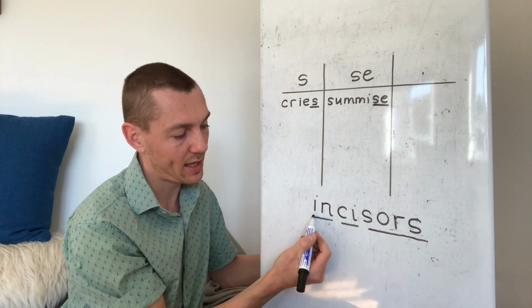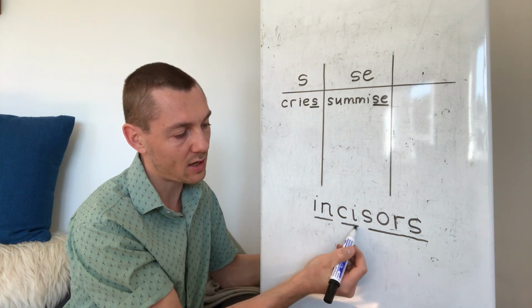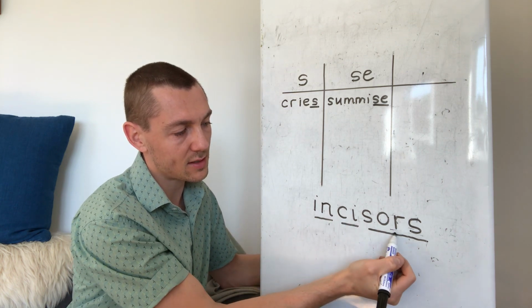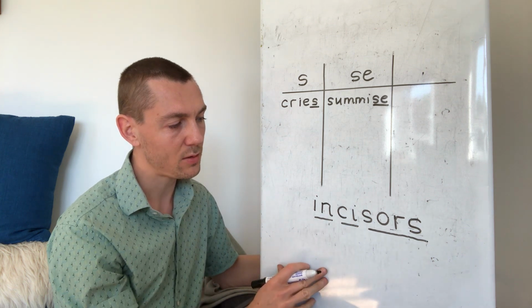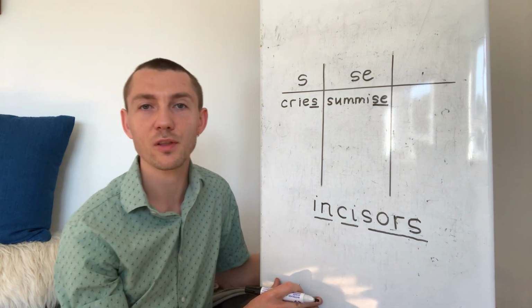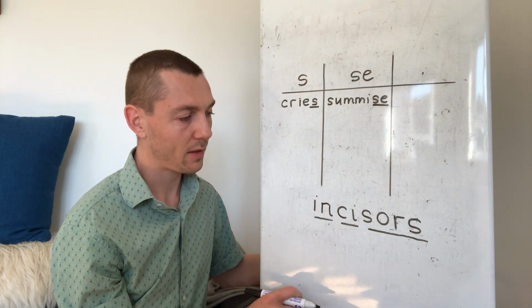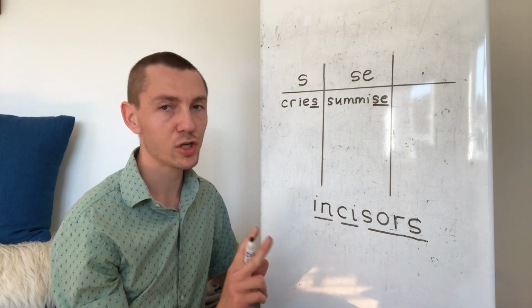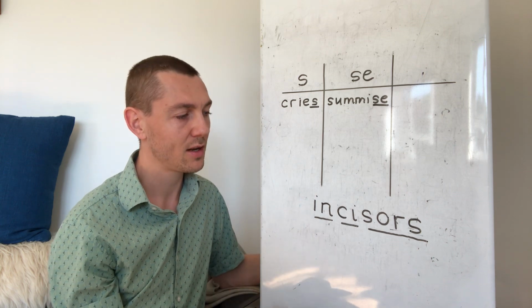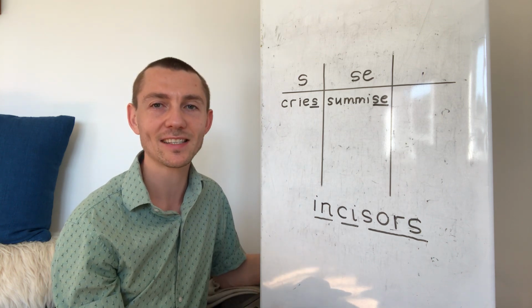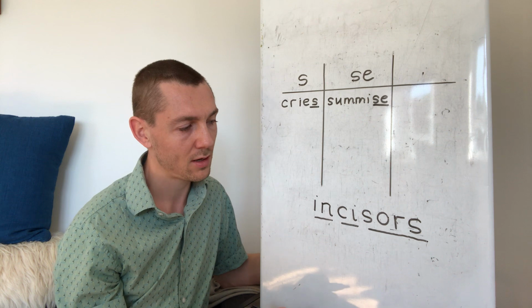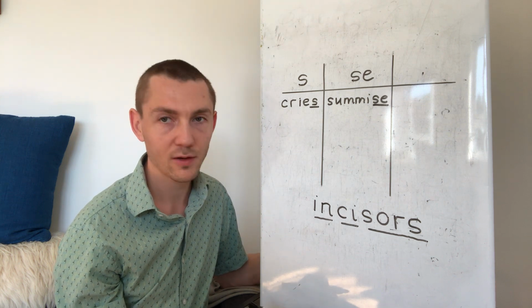Incisors. In-si-zors. So those are a type of tooth, aren't they? Your incisors. Now, there are two z sounds in incisors. Have you spotted them?